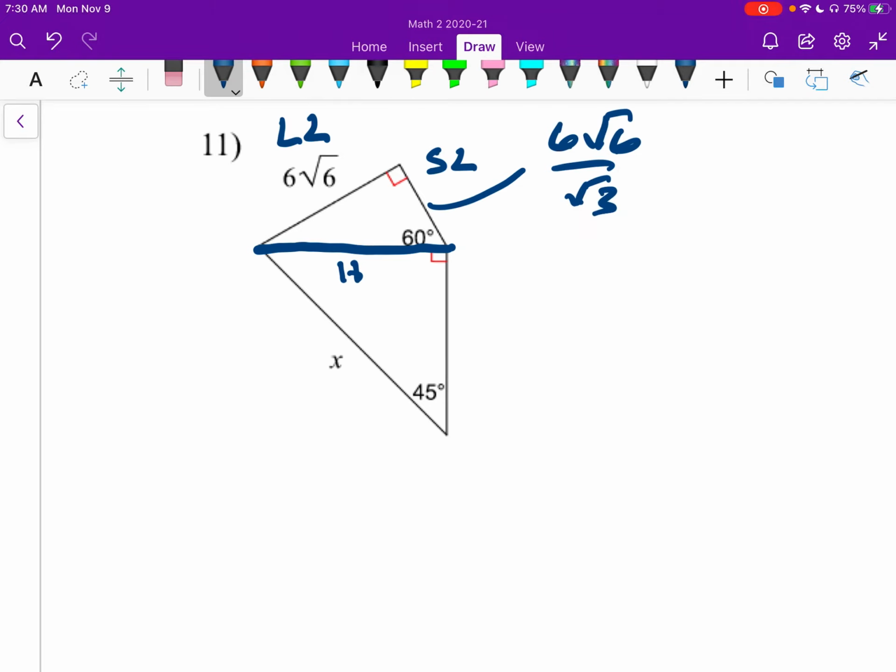And you can actually combine roots over a fraction bar. Right? This is going to be 6 divided by 3, which is going to be 6 root 2. Now our hypotenuse here, that's going to be 2 times the short leg.